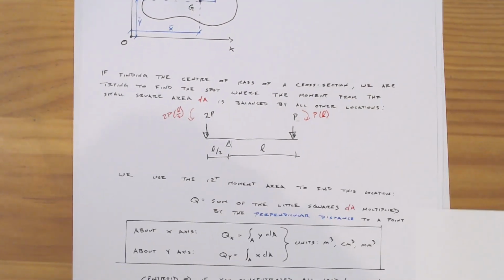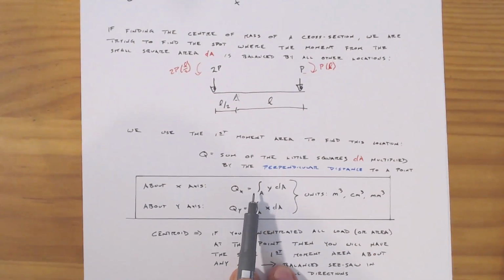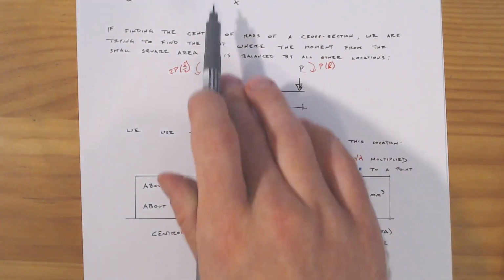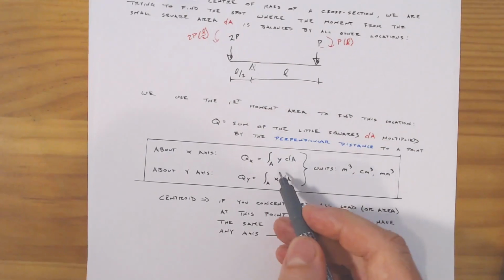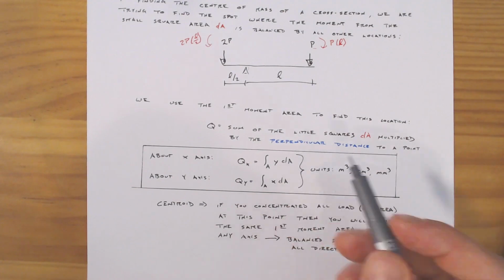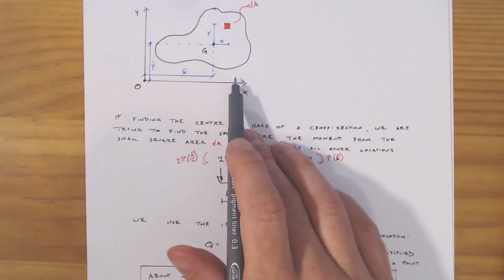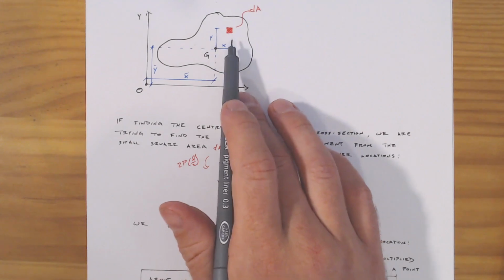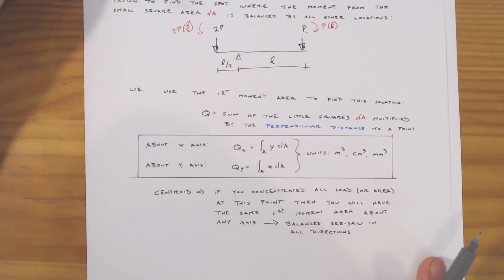So we would have our first moment of area, Qx, equal to the integral over the area of this shape multiplied by the distance y and every little bit of dA. This is just the calculus which describes doing this over and over again over the whole area, taking the area multiplied by some distance, and the area multiplied by some distance. And we can do this either about the x-axis or about the y-axis.